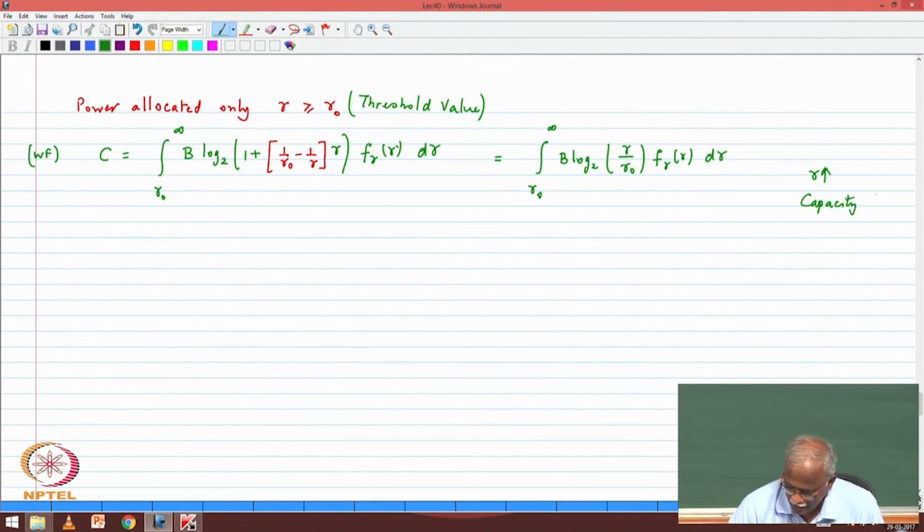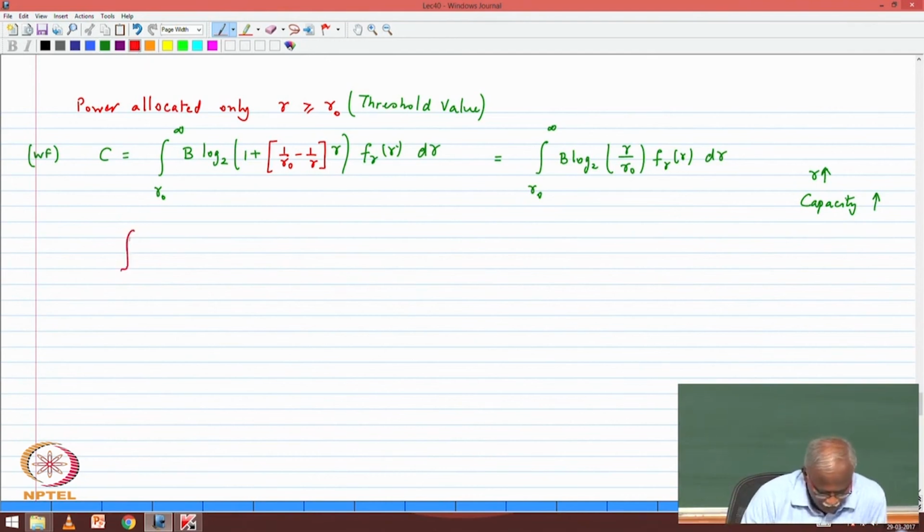So basically I have come up with the optimum power allocation, which introduces a variable gamma naught, and now how will I estimate gamma naught? That is the last step. Gamma naught comes from the other constraint, the average power constraint.